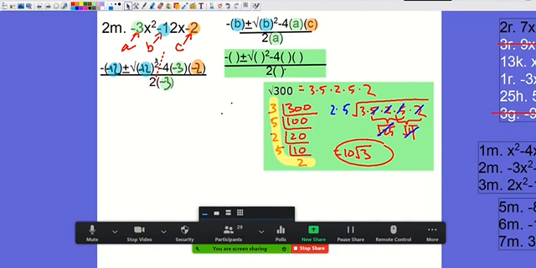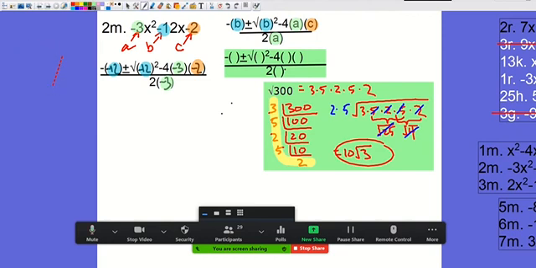Now ignore this dotted line for now and just look at how I plug that in. Now, let's go ahead and simplify this.